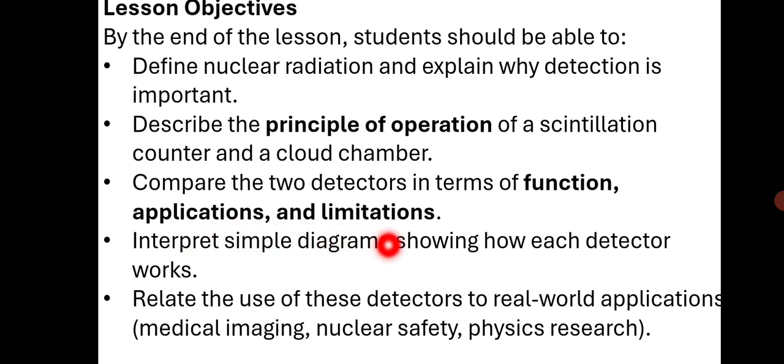Interpret simple diagrams showing how each detector works. Relate the use of these detectors in real-world applications such as medical imaging, nuclear safety, and physics research. So these are the key objectives the lesson intends to achieve.